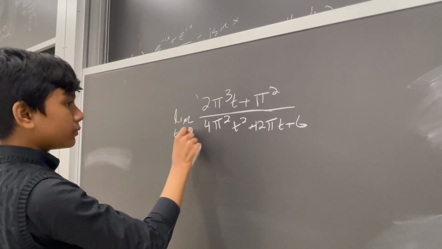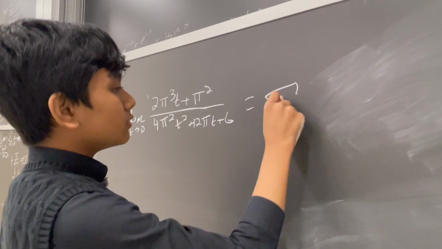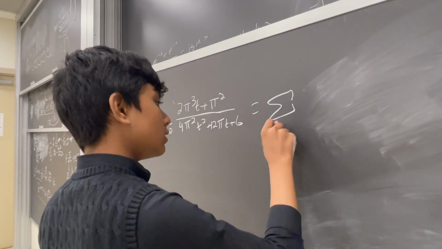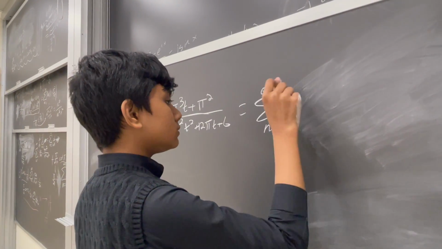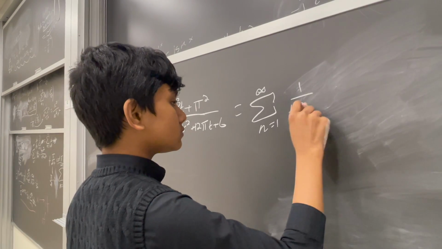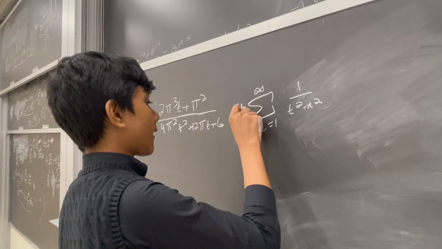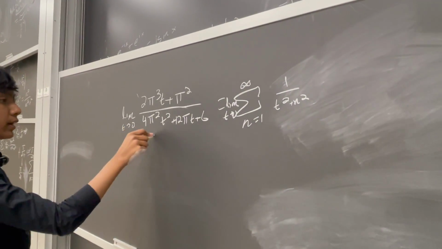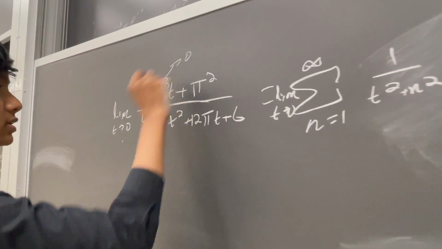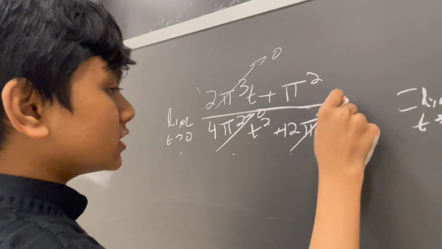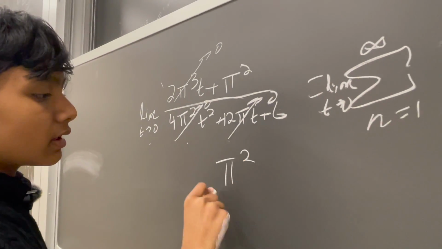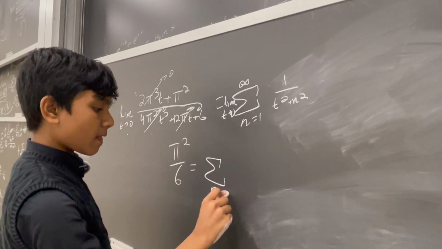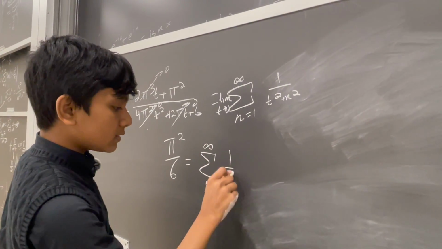So the limit is t approaches 0. I'm just doing this to give you a satisfying solution instead of saying blah blah blah pi squared over 6. So then once you plug and chug, you get that this approaches 0, this goes to 0, and you're left with pi squared over 6. There it is.